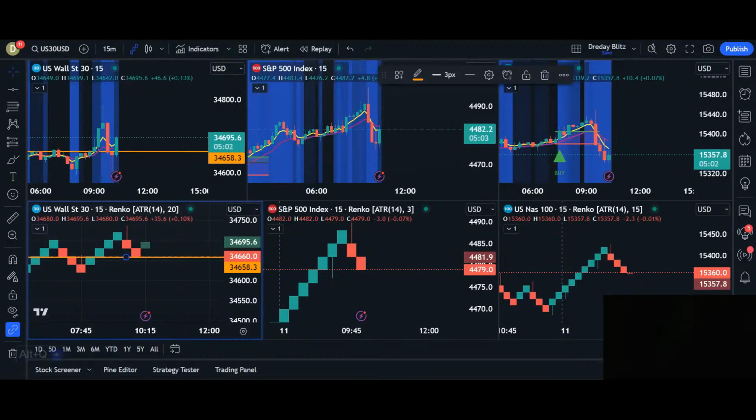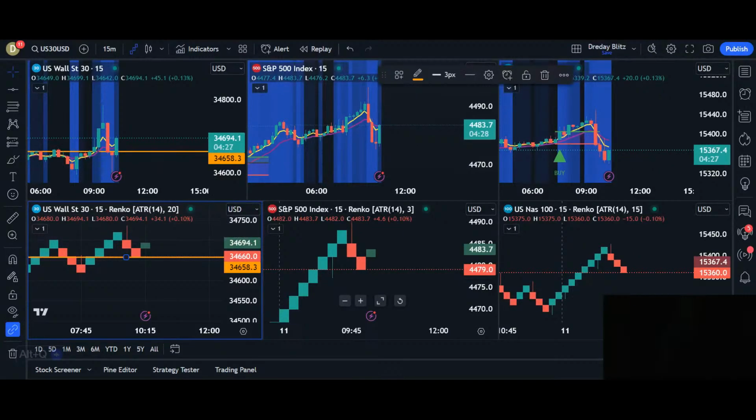We still have less than 5 minutes left on that candle, so we have two other candles remaining before the end of the session. So far we had a sell signal on US 30 at around 10, and then we had another buy signal on US 30 at around 10:15.